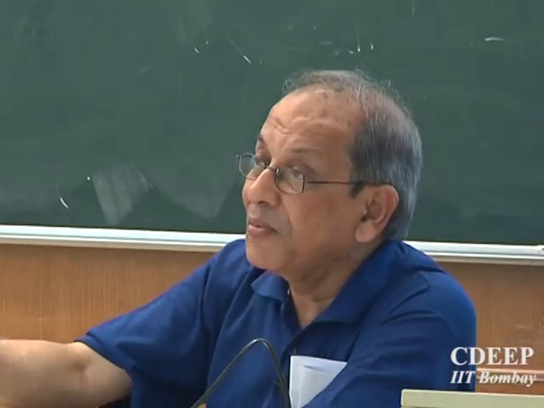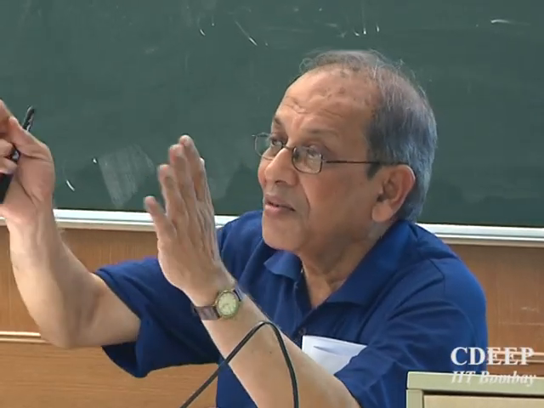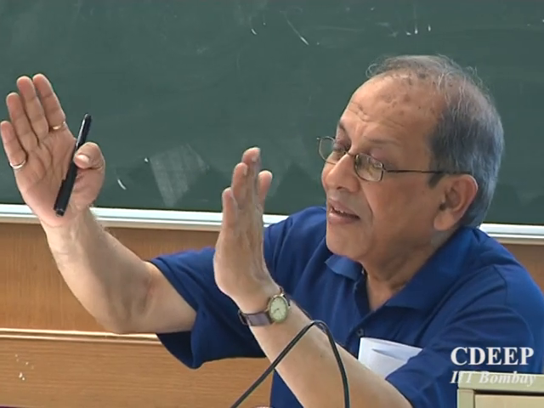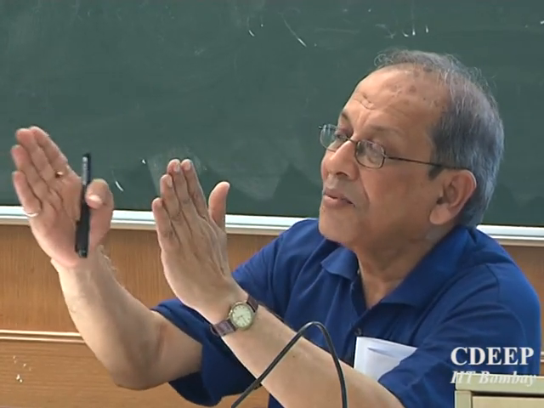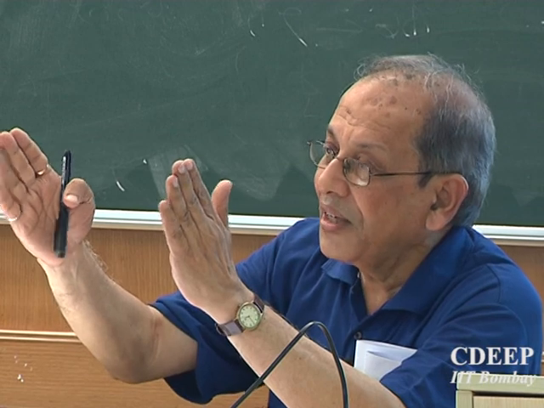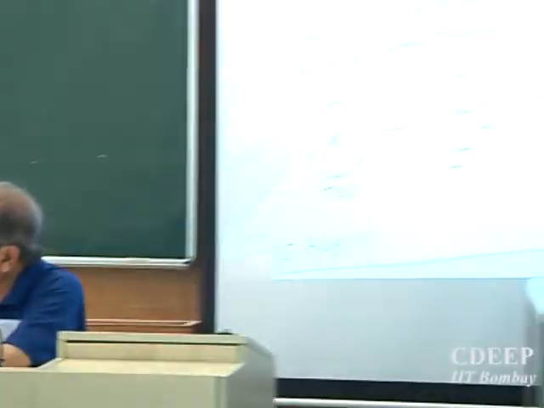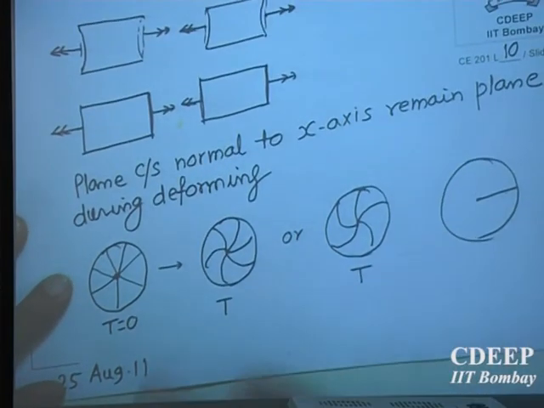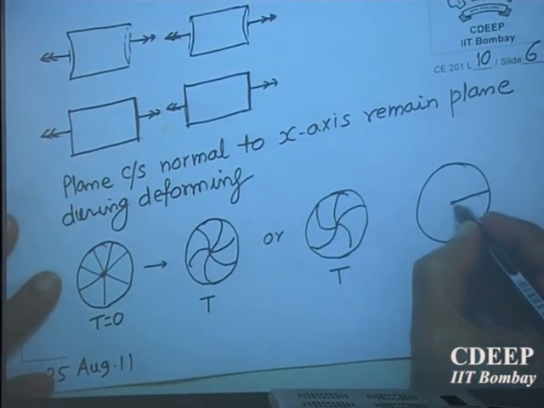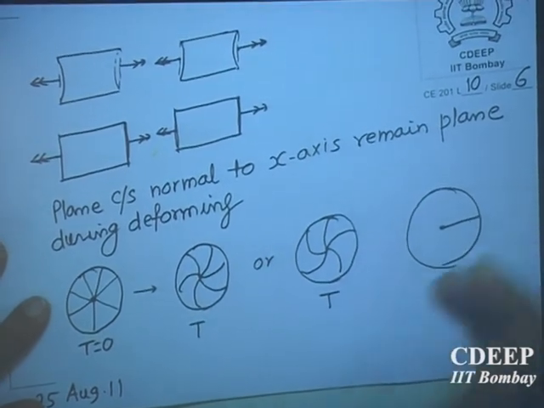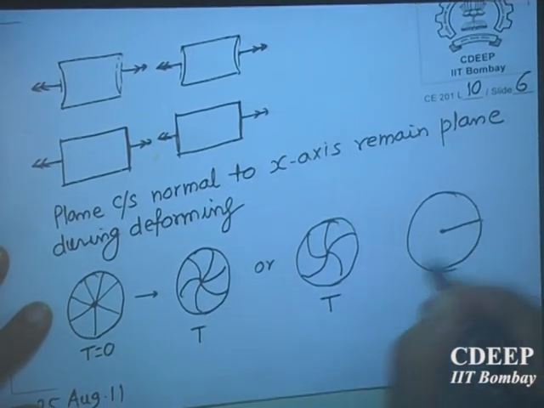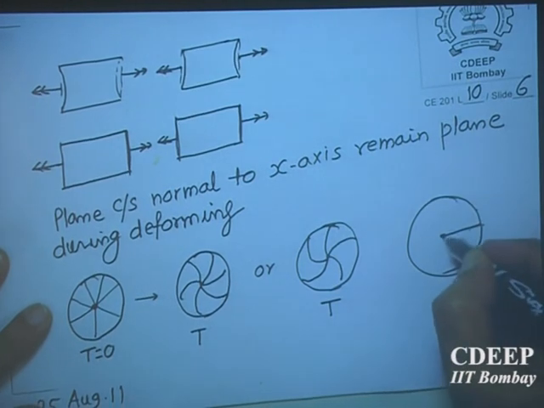Please do this experiment, draw something on a small piece and see for yourself whether whatever I have said is right or not. Finally we can say, based on the argument, that if a torque is applied like this, a line here will simply move from here to here.